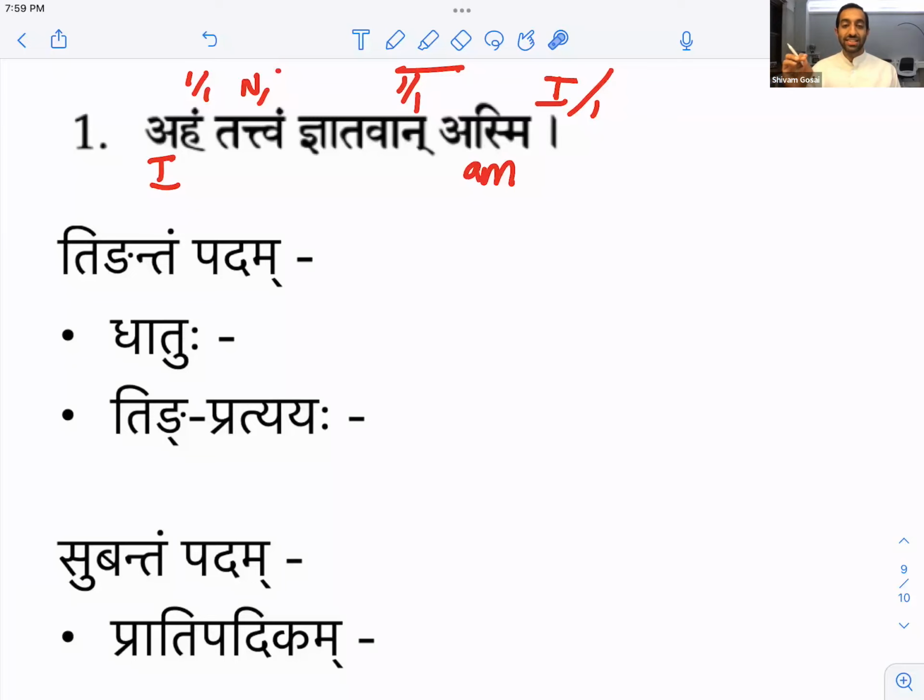Really, we would say it's a tavatu ending word. Tavatu ending word is kartari bhute. Meaning that if I have jna dhatu plus kartari bhute, then it's going to be one who knows or has known. The sense is that it's in the past.